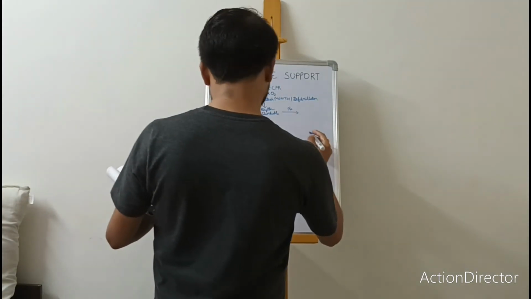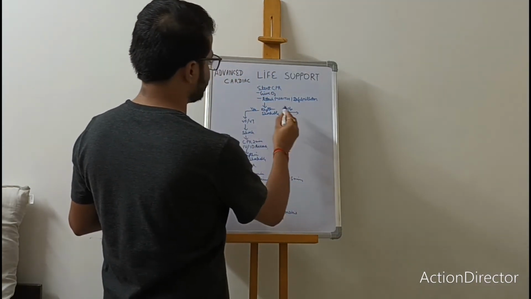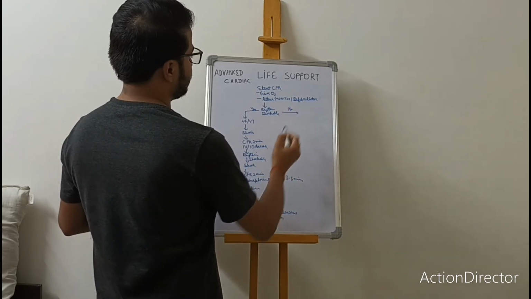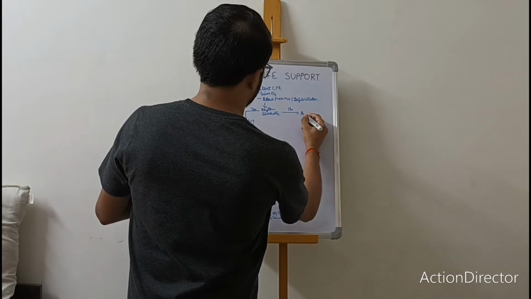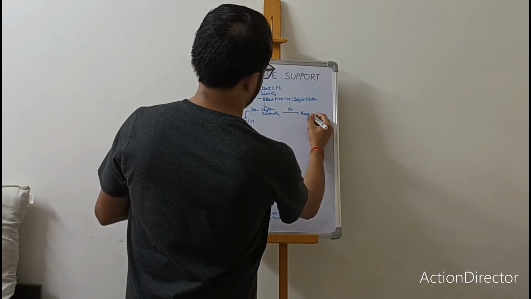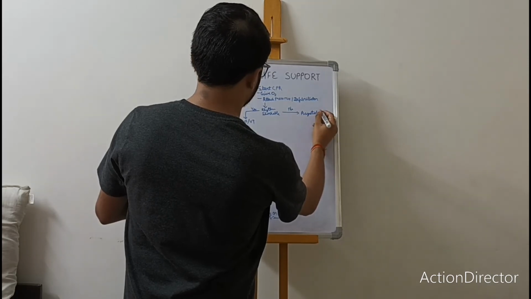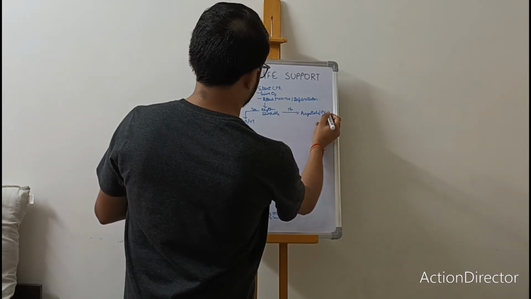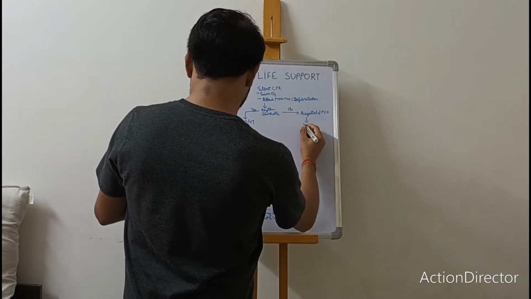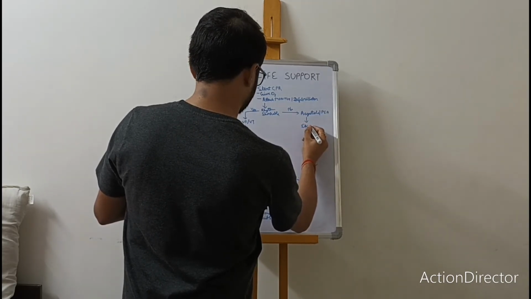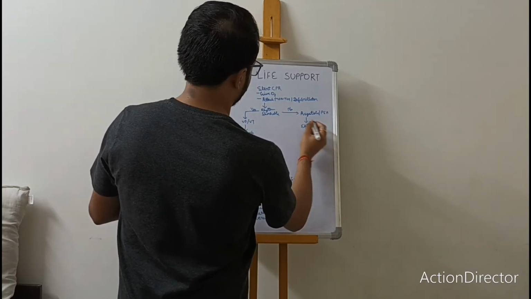Then if the rhythm is not shockable initially, only after attaching the monitor or defibrillator, then it is asystole, right? Or PEA, right? Then what you do, you give epinephrine. See the difference, friends.